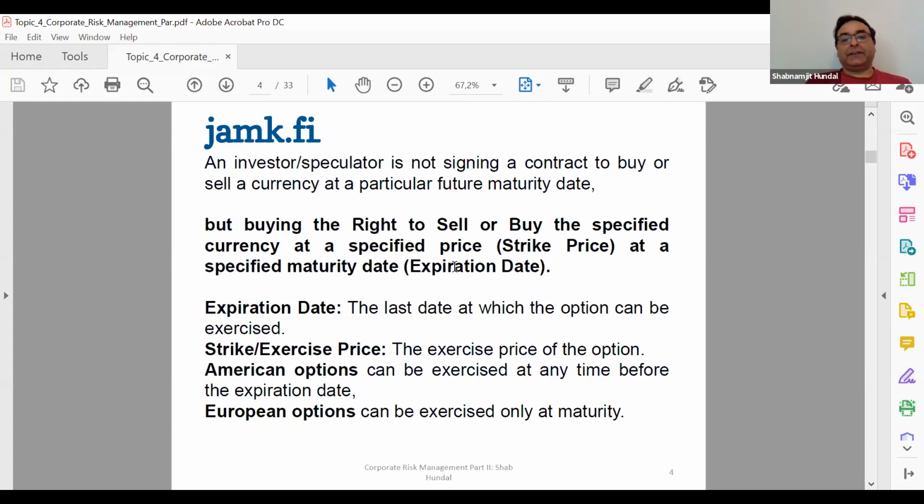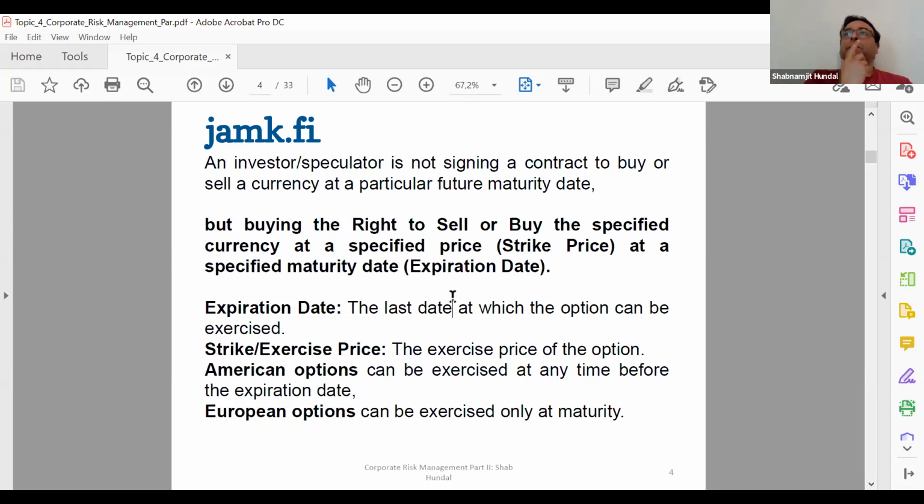The same thing is the case with financial futures: if you buy something, you sell it; if you sell something, you buy it. But here, there's an option. The option gives you the right to buy or the right to sell, but no obligation. There's absolutely no obligation.